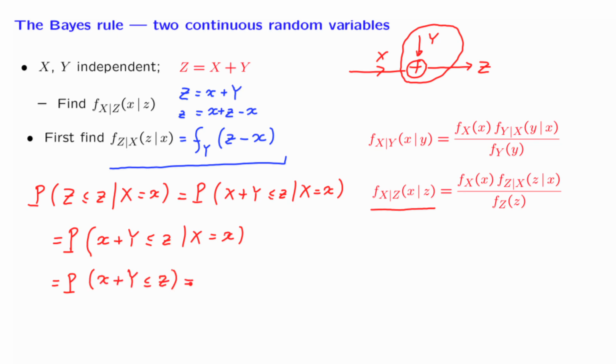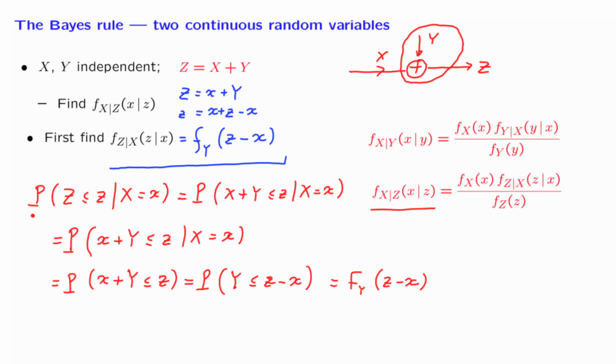And finally, we can rewrite this event in this form. It's the probability of capital Y being less than or equal to z minus x. And we recognize that here we have the cumulative distribution of y, but evaluated at little z minus x. Here we have the cumulative of the conditional distribution of z given x.